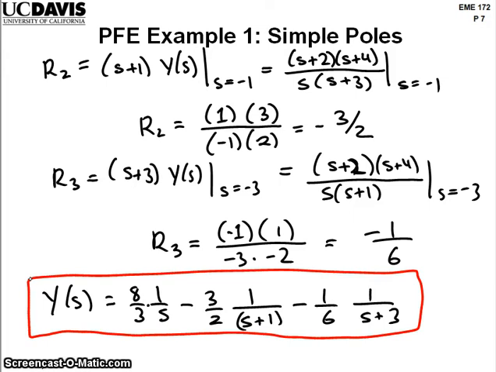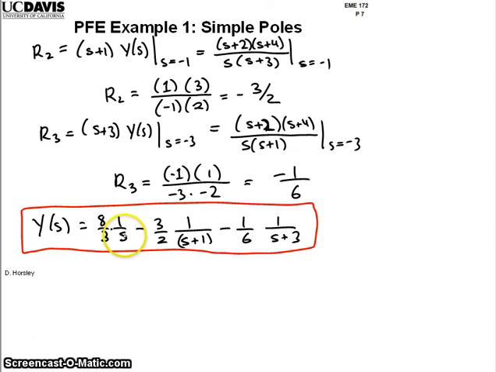All right, so I'm almost there. Now I've got to find the inverse Laplace transform for each of these terms. The inverse Laplace transform for 1 over s is the unit step. For 1 over s plus 1 it is e to the minus t, and for 1 over s plus 3 it is e to the minus 3t.